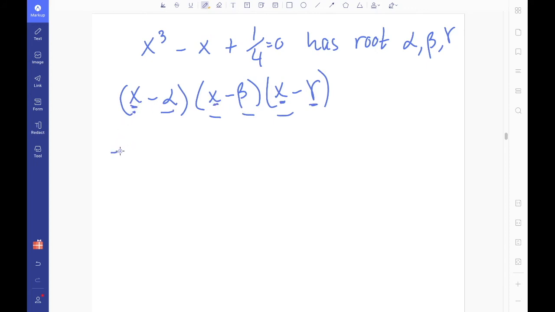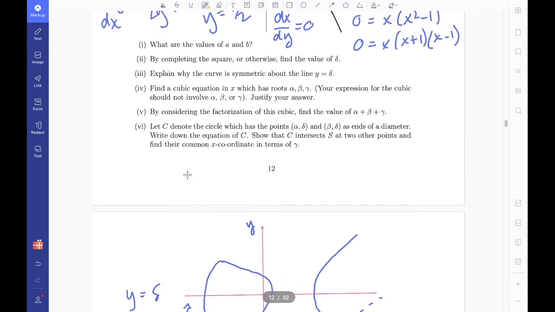So you could have minus alpha plus beta plus gamma. That would be your x squared coefficient. But you can see here that we don't have an x squared coefficient. So it must be true that alpha plus beta plus gamma is in fact 0. Lovely. So let's have a look.